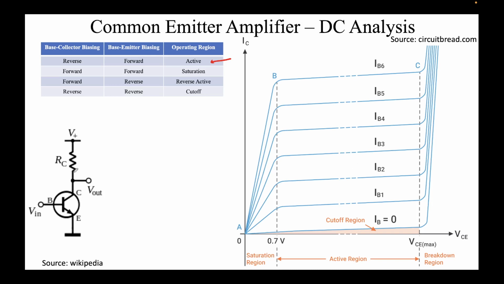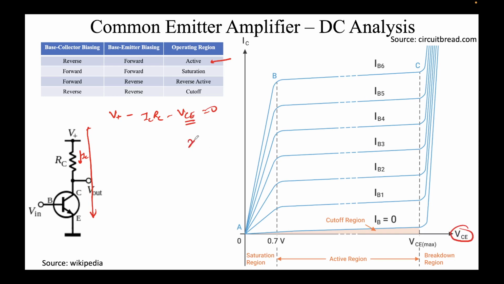This is the diagram from the last slide again. I have just clipped a certain part of it. What I want to do is apply KVL here. Follow this line, okay? I'm going to write KVL along this loop. So I can write V+ minus, let's assume IC current is flowing in this direction, minus IC RC minus VCE equal to 0. This potential is nothing but VCE, and VCE is our x-axis, you can see over here.